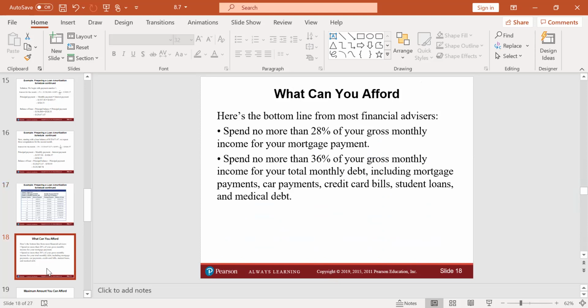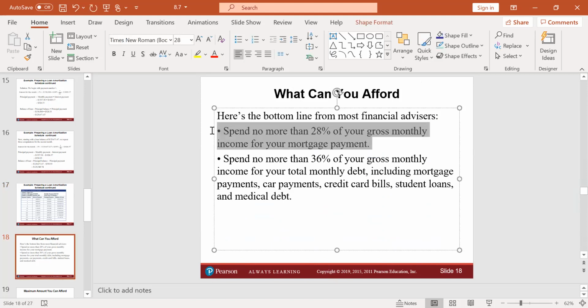What can you afford? Well, that's a tough question to answer in a lot of cases. But what can you afford? Well, most financial advisors tell you don't spend more than 28% of your gross monthly income for your mortgage payment.